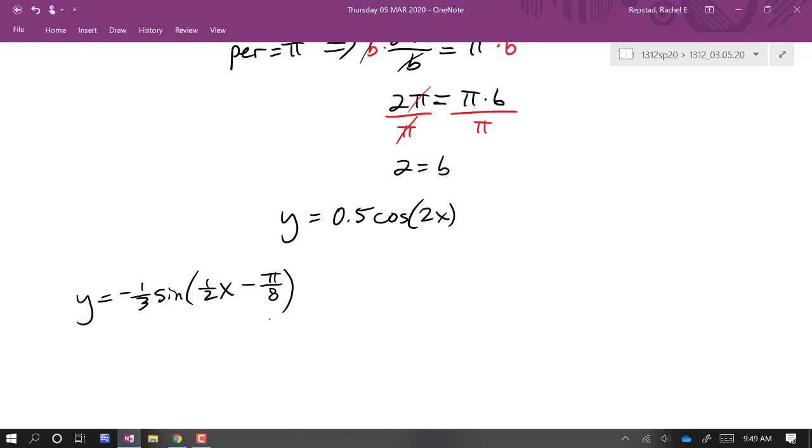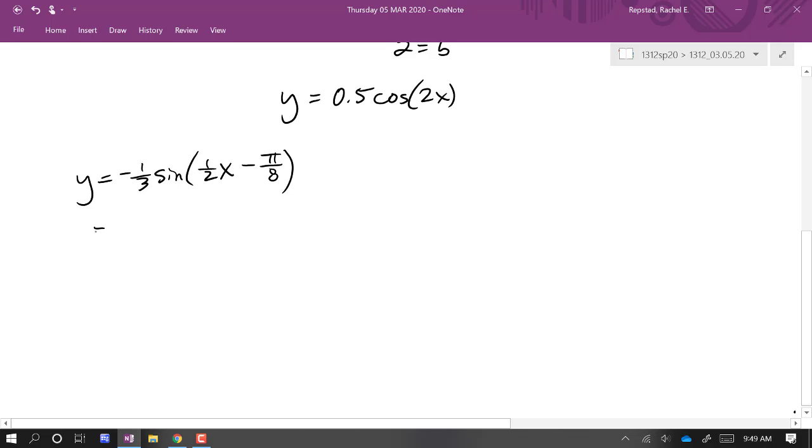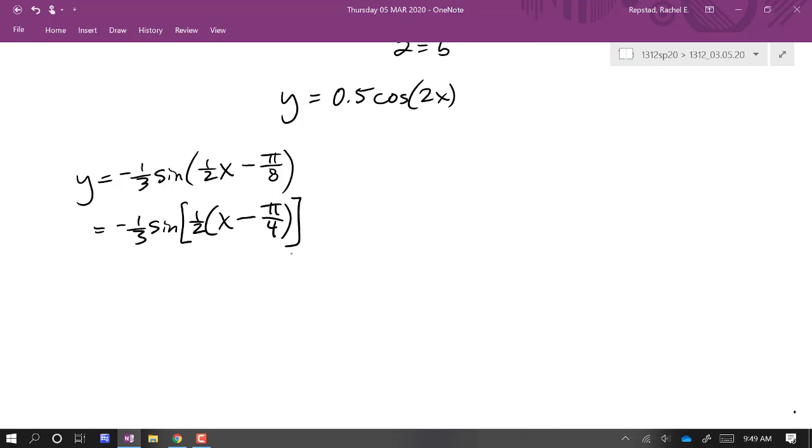We can't just grab the phase shift until after we've factored out that coefficient on x. So I'm going to rewrite this first, factoring out the 1/2. Inside is x minus, and 1/2 times pi over 4 gives us pi over 8, so that's what goes there. Now I can tell that the phase shift is pi over 4, because it's just plain old x minus pi over 4 inside.